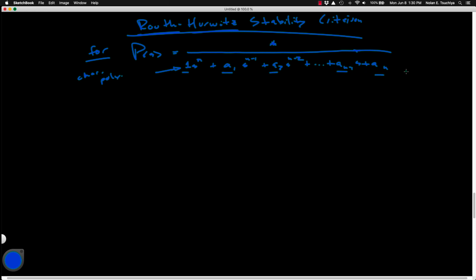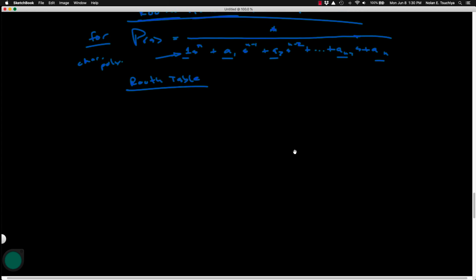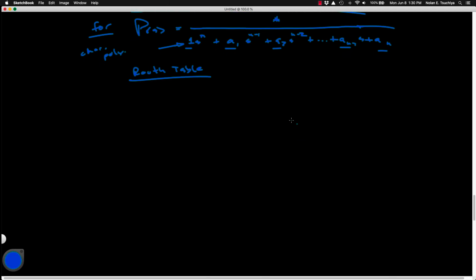Okay, so we start with the characteristic polynomial, and we look at the coefficients of that polynomial, and we put them into a table. It's called the Routh table. And the way you construct the first two rows of the Routh table is to take all of your coefficients in your characteristic polynomial and put them into a table, which starts with, okay, the first coefficient is 1. And then immediately you go down and you start a new row, and that's where you put your second coefficient, A1.